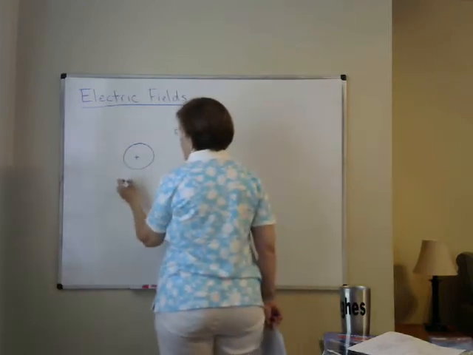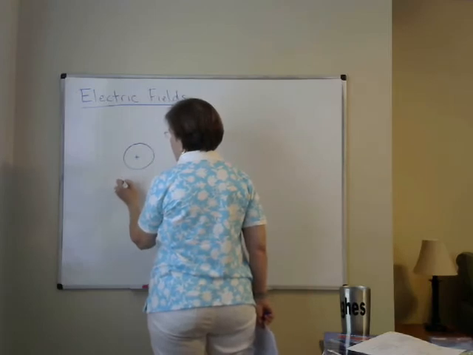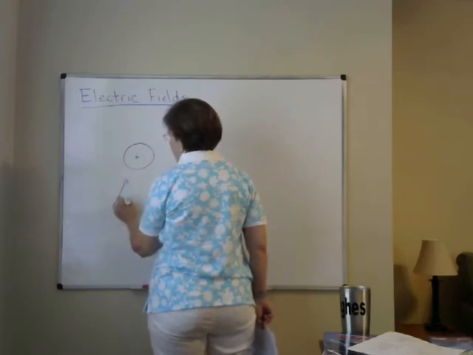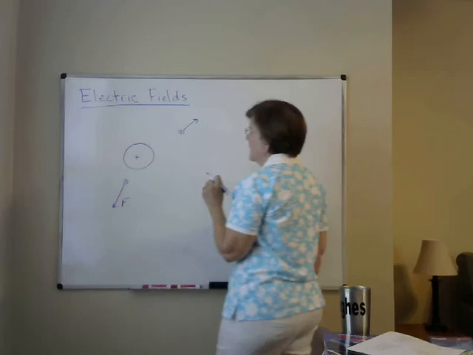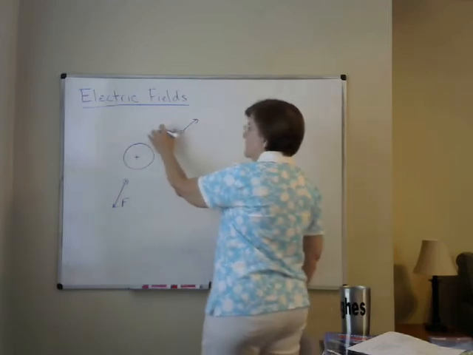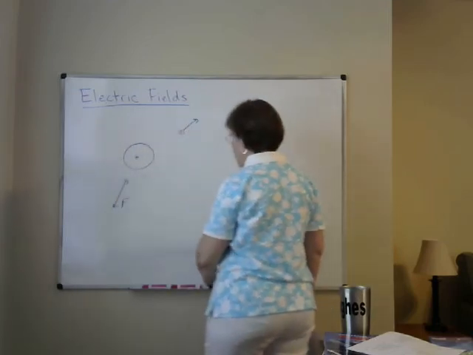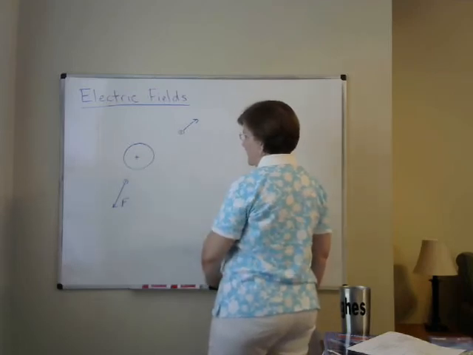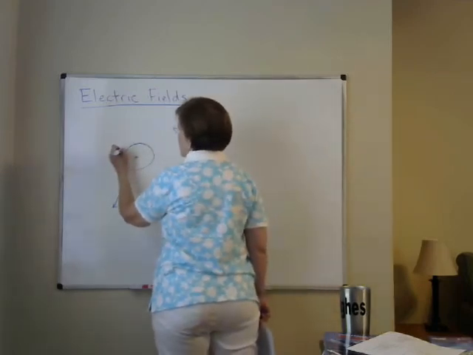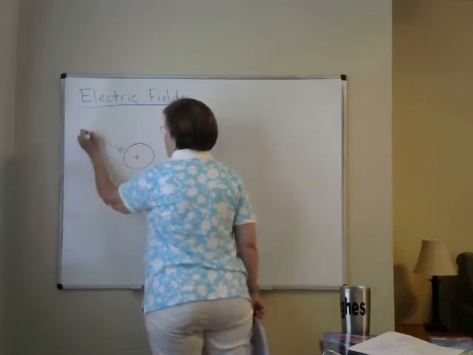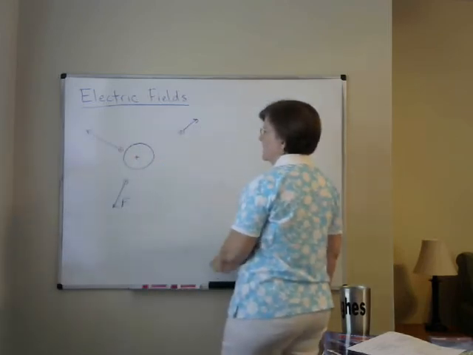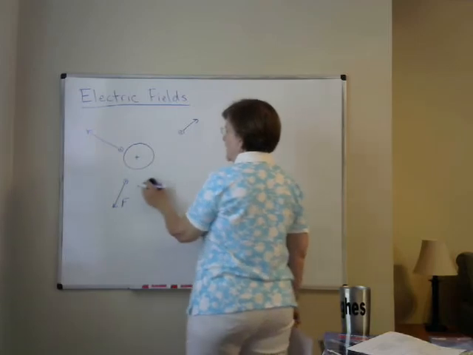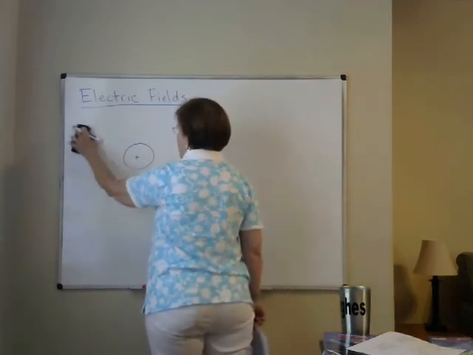Or if I brought a little positive charge right here, it would feel a force pushing it away. If I bring in a positive charge anywhere close to this, it gets pushed away. And the closer it is, let's make it really close so the distance is small, the bigger force it feels. As it gets farther and farther away, it feels a weaker force.